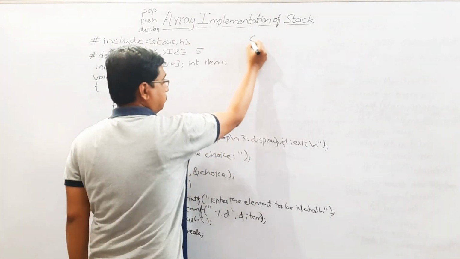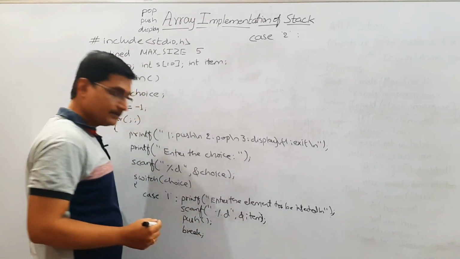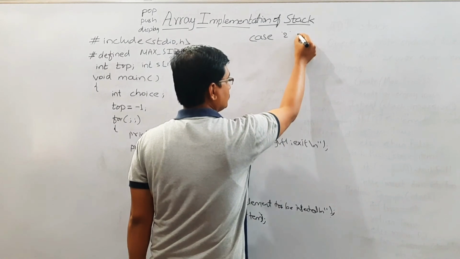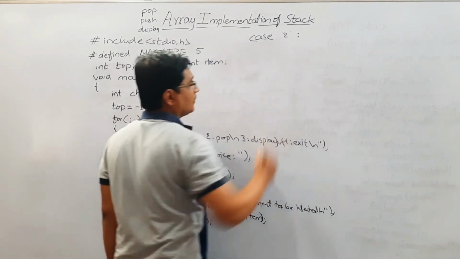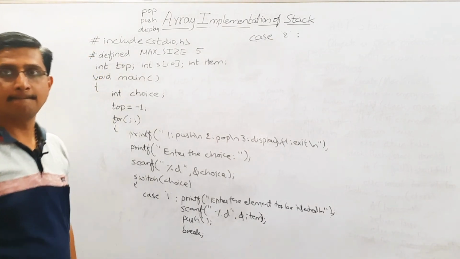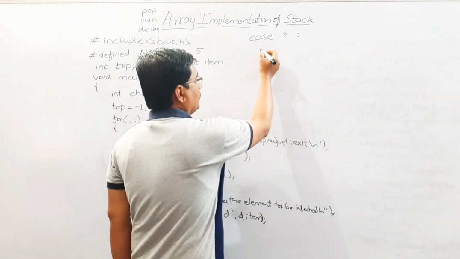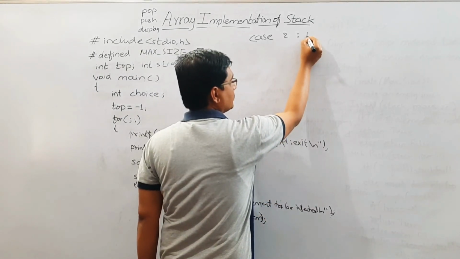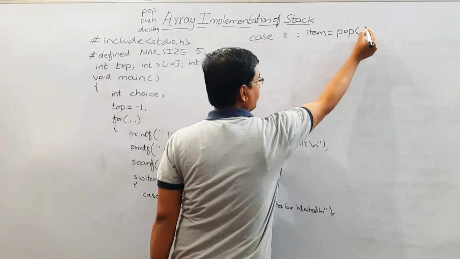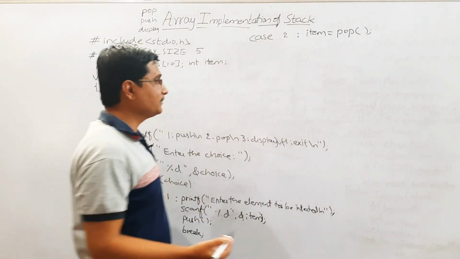Similarly, case 2, for deleting the element, so that is just popping. So this is item equal to pop. We need to call this for any particular variable because it is going to return the popped element, that is removed element.